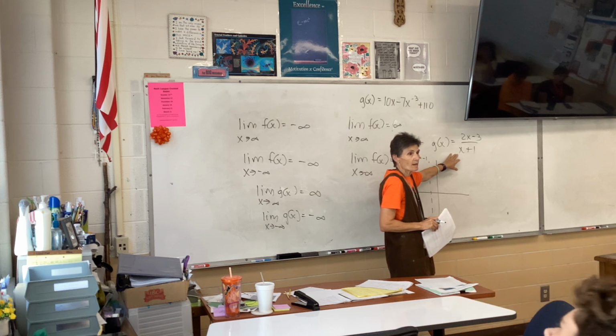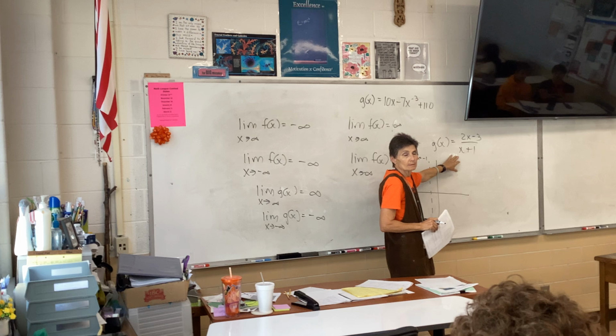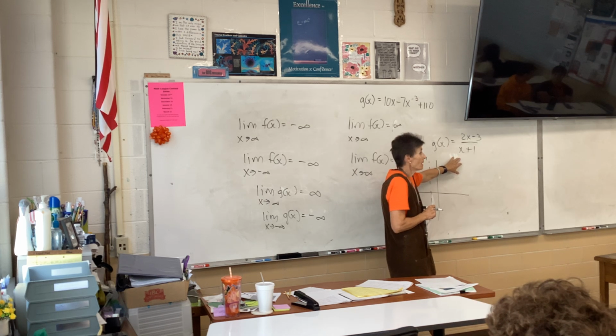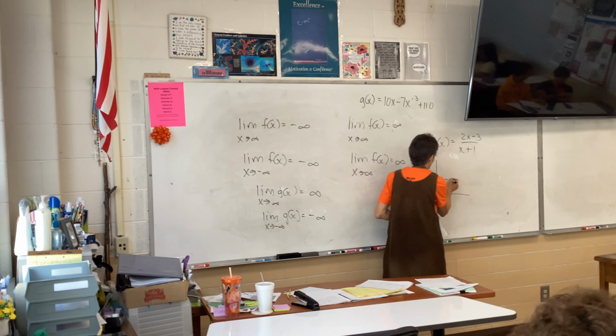Does this one have a horizontal asymptote? Where? Vertical's the -1. Horizontal's at 2.